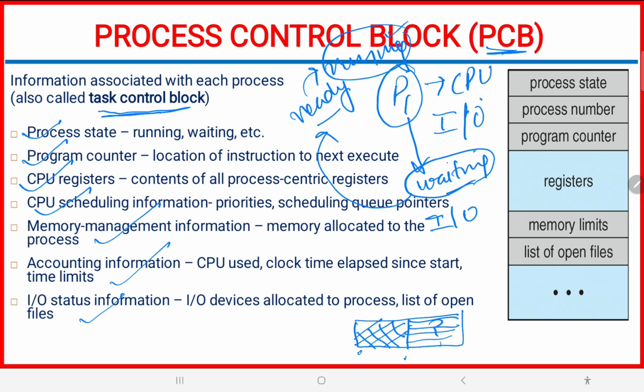That means whatever information is there with regard to the process, the entire information is stored in this process control block. So every moment, whatever state change takes place within the process, that activity is recorded in this process control block.